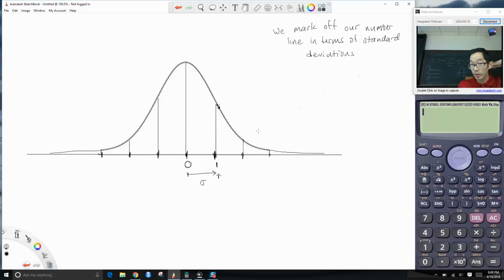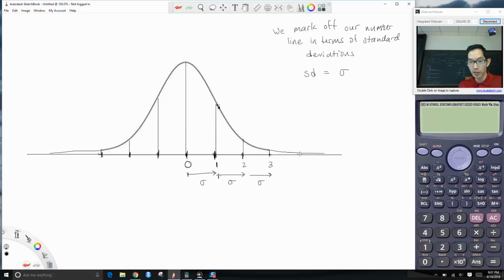So this will be 1 standard deviation away from the mean. This location is 2 standard deviations away from the mean, and this here would be 3 standard deviations. So each time we're going out 1 sigma; a standard deviation is sigma. Essentially this number line shows us how far we are from the mean in terms of standard deviations.